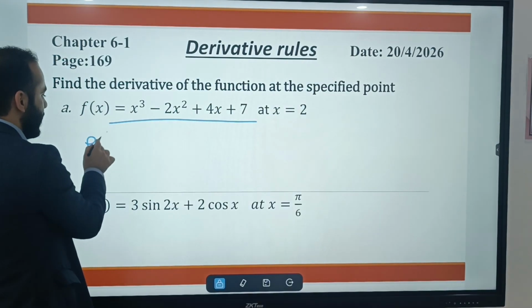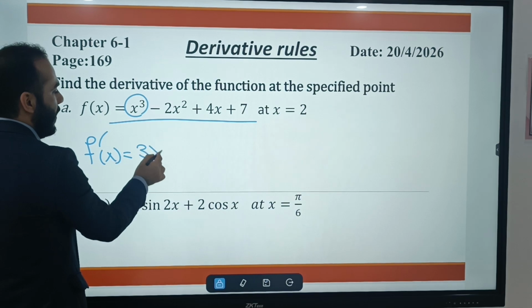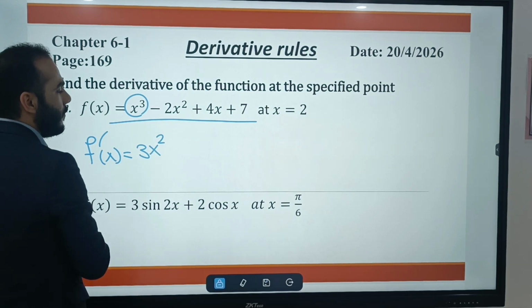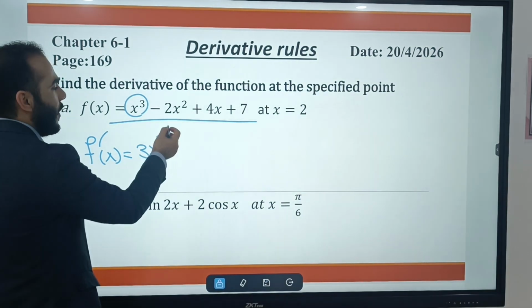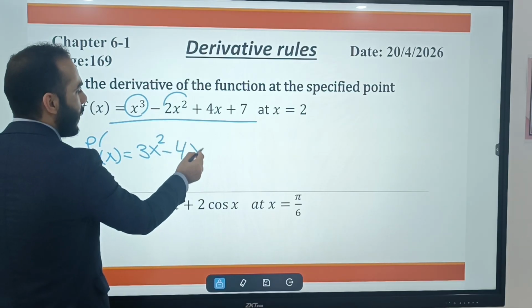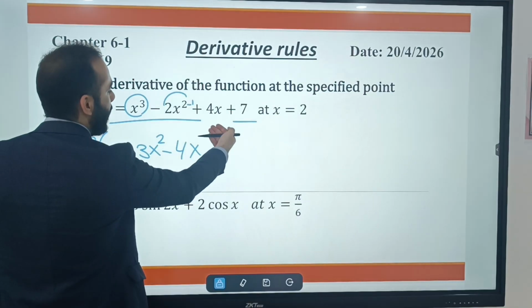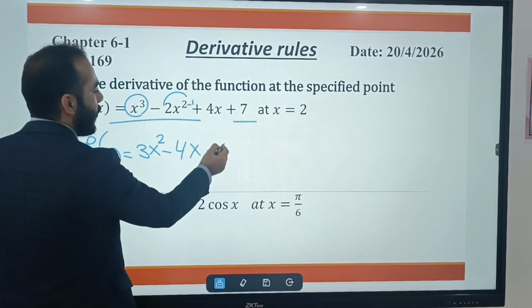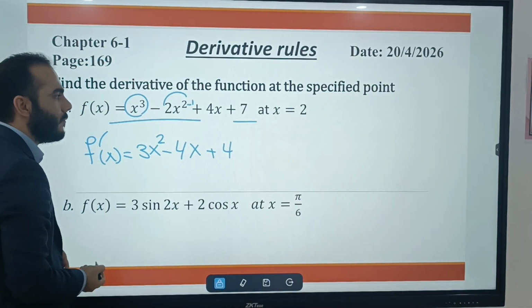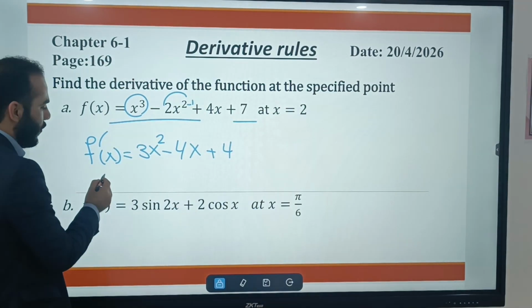First of all, find the derivative. F prime of x equals derivative of x cubed, 3x squared, minus derivative of 2x squared, so 2 times 2, 4x powered by 2 minus 1, 1, no need to write even this one. Plus derivative of 4x, 4. So find the derivative at x equals 2.